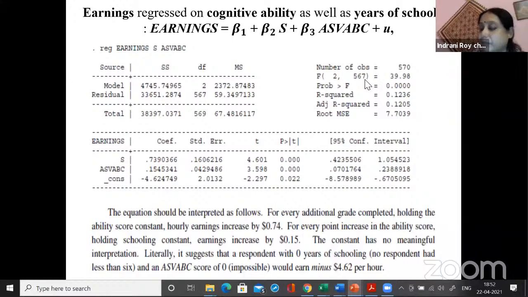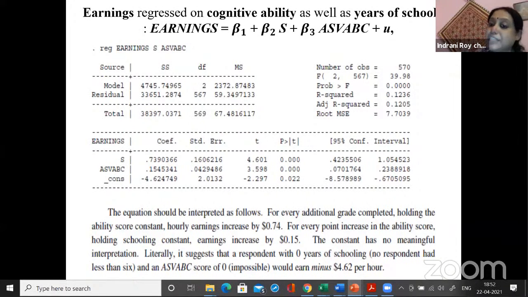numerator and the degrees of freedom of the denominator, and this F value is basically the ratio of the two mean sums of squares, which I'm just leaving because there is not much time. So if we divide this one by this one, we get the F value. Whether it is significant or not, you don't have to look at the F table.